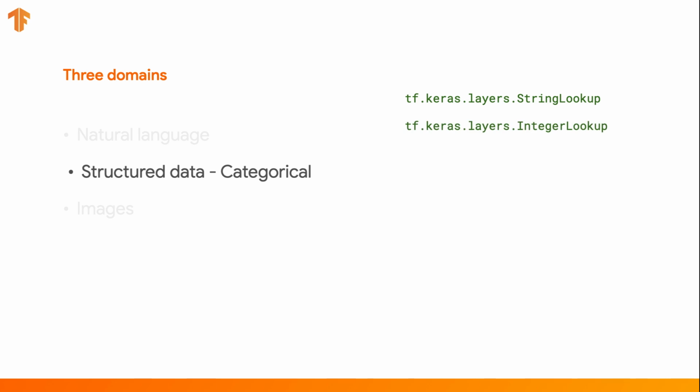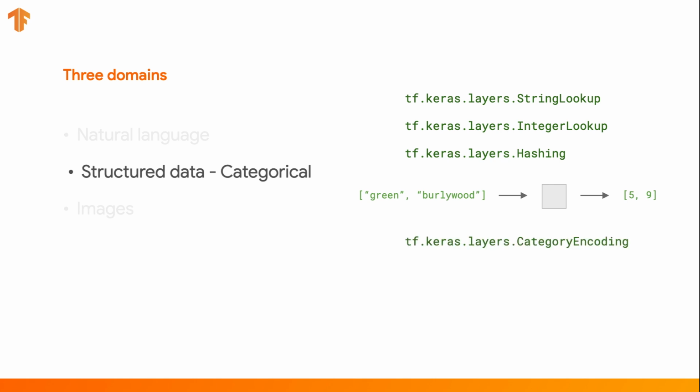String lookup, integer lookup, and hashing are all layers that are going to be about mapping your string or integer inputs, which for strings could be any values, for integers could be all over the number line, to a fixed range of integer index outputs. That's what those 3 layers will do. And then category encoding will be about taking these integer indices and doing something like a one-hot encoding that we saw at the beginning of this talk.